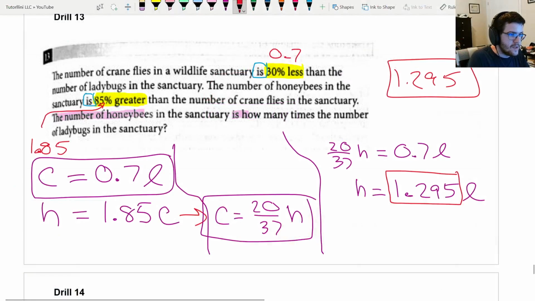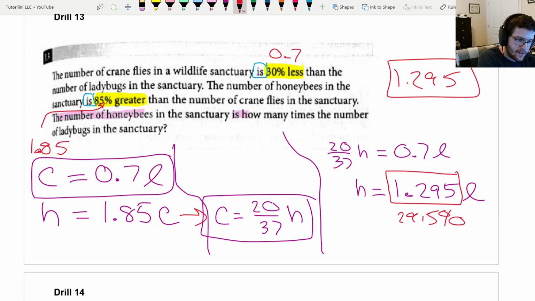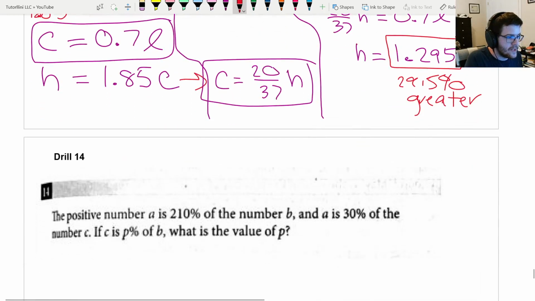So the honeybees are 29.5% greater. They didn't ask you that in this question, but they totally will ask you that in another one. So make sure you understand that. The honeybees are 29.5% greater than the number of ladybugs.